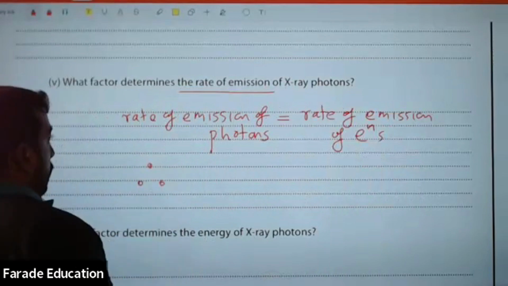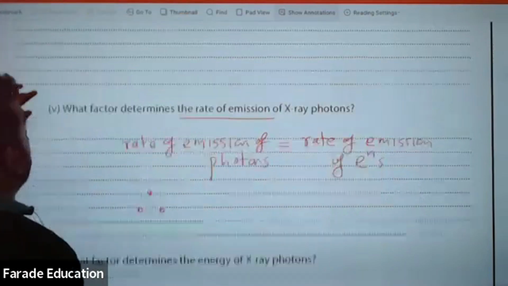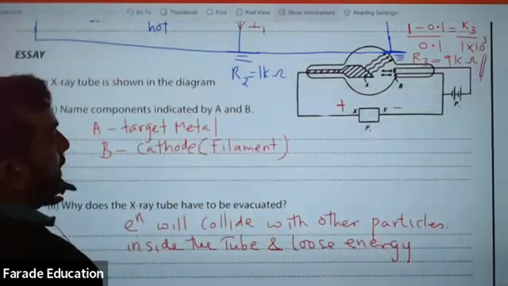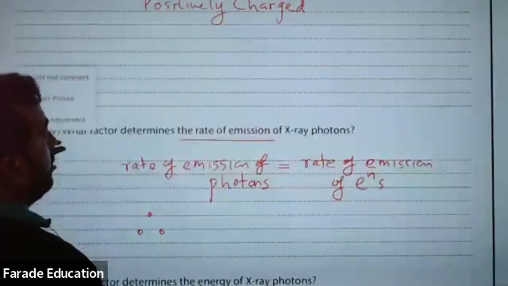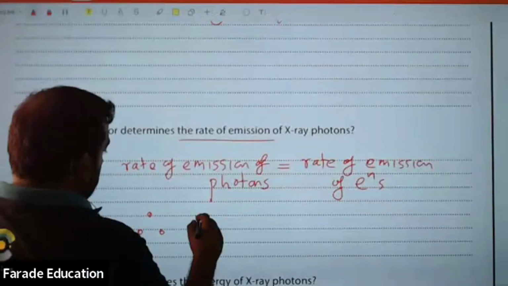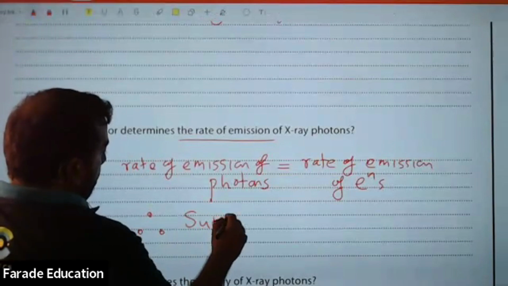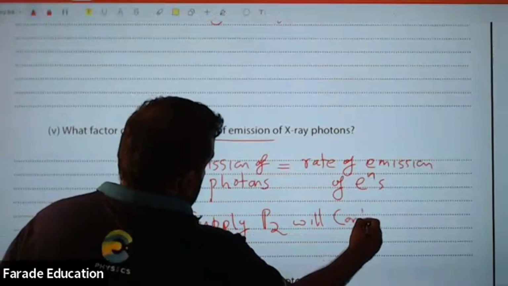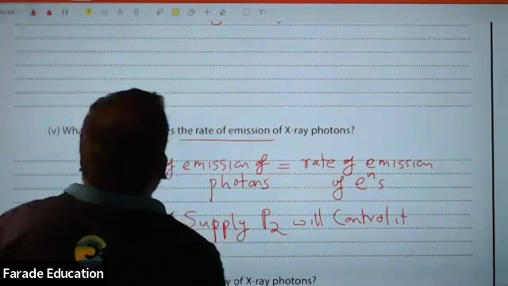Who controls this? The filament current. Supply voltage P2 will control it.